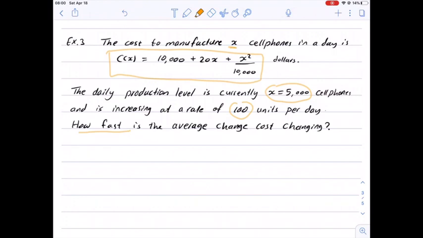We want to know how fast the average cost is changing.